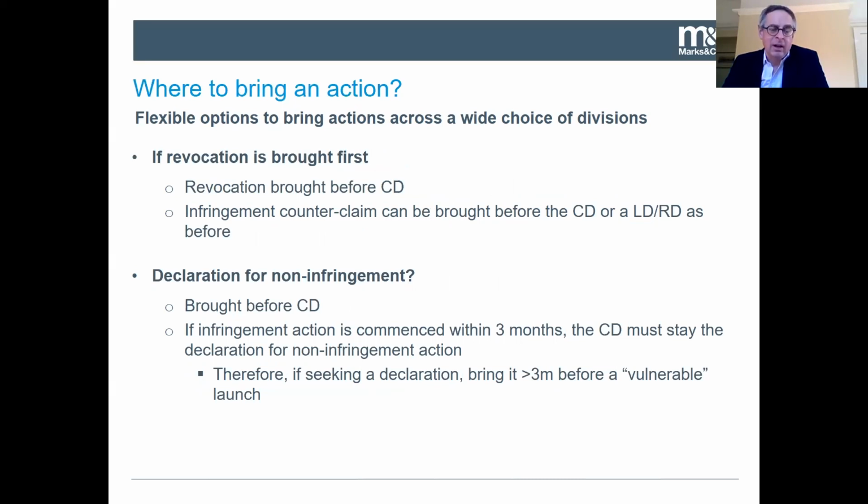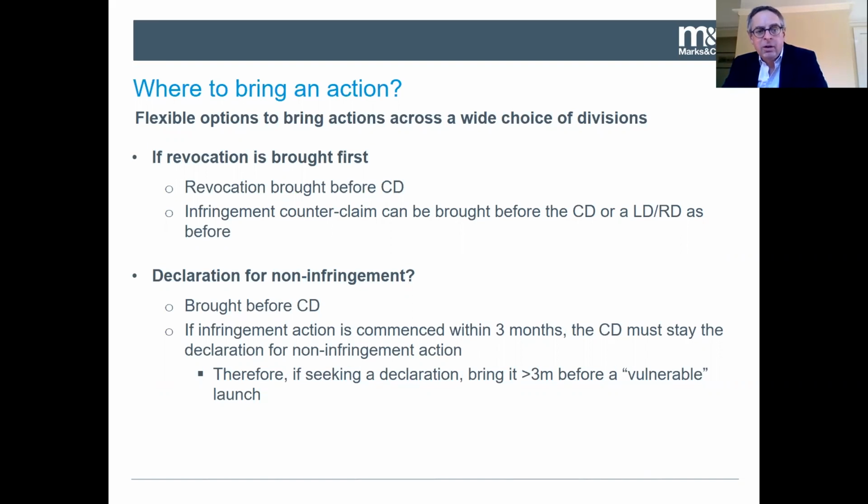The patentee then has the option of bringing an infringement counterclaim, and the patentee again has a potentially very wide choice, because if the patentee wishes the same division to deal with both validity and infringement, then it can bring the infringement counterclaim in the central division. Or as I previously discussed, if there is an infringing act in another jurisdiction or the defendant is domiciled in another jurisdiction, it can bring the infringement counterclaim in the relevant local or regional division.